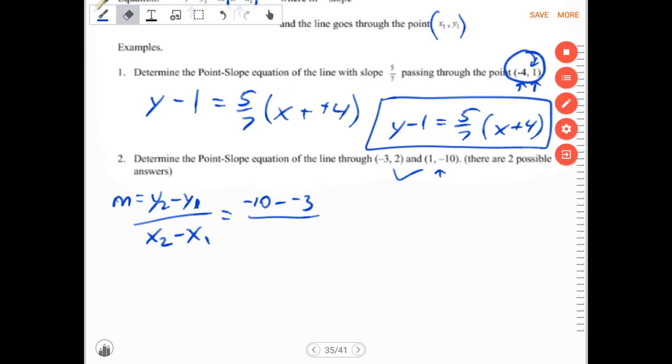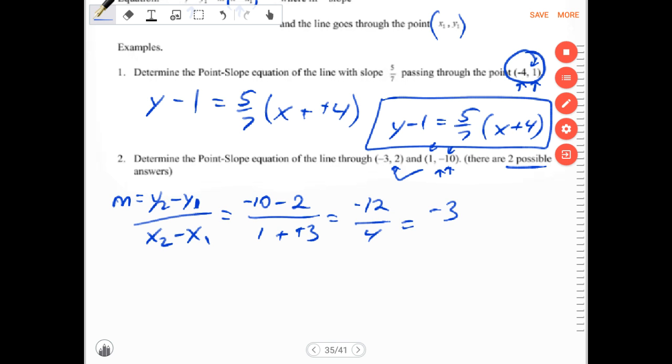That's crazy because that's the x. Be careful. So -10, that's the y, so -2 is the other y. And then 1 minus -3. Remember, if you're starting with the -10, then for the x's you have to start with the 1. So that's going to be -12 over 4. So the slope here is -3.